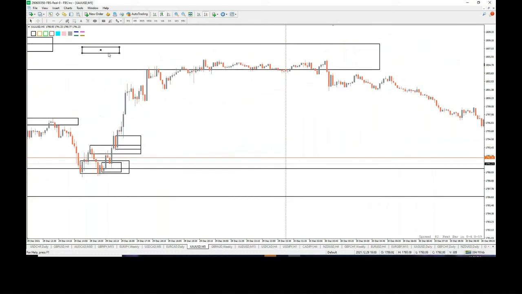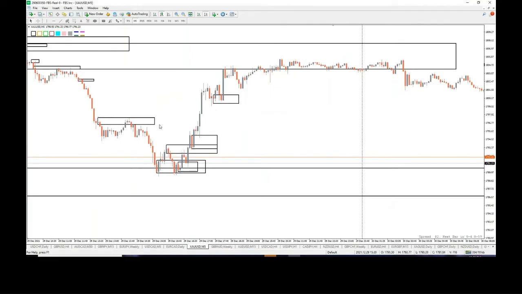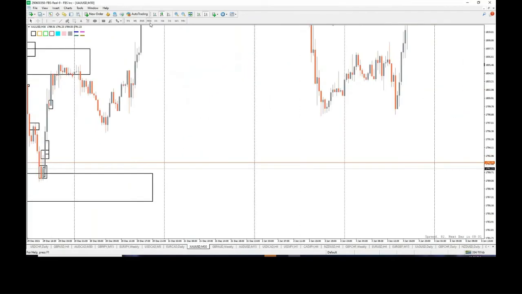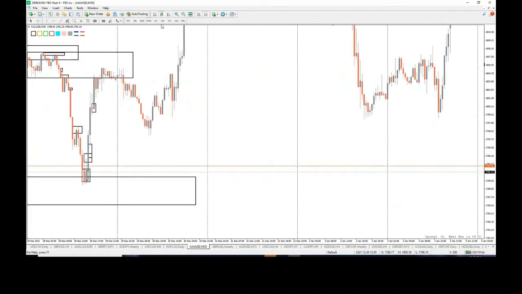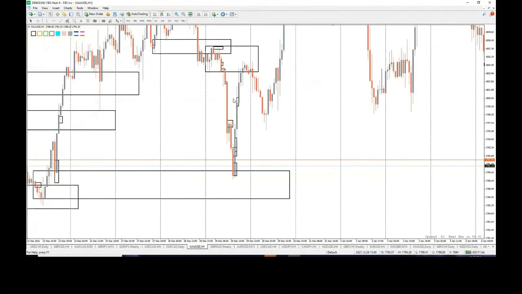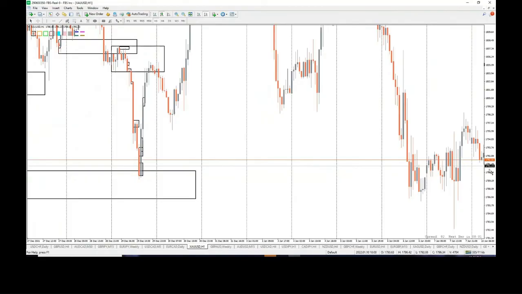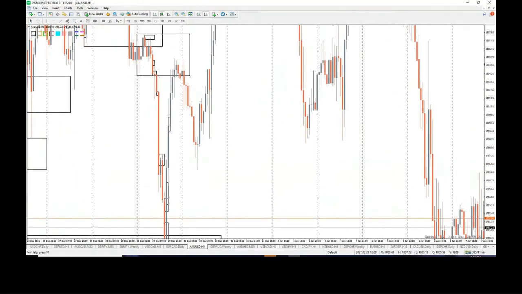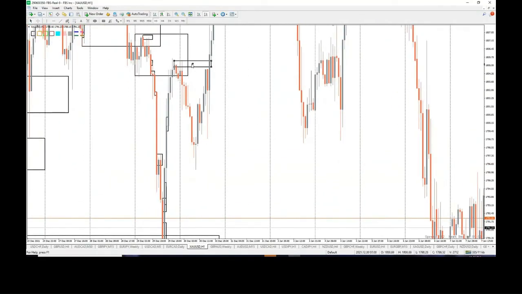There's a lot of entries you can find, plenty of opportunities. So when the price comes into the H4 zone and H1 or M30 gives a confirmation, the price might reverse.